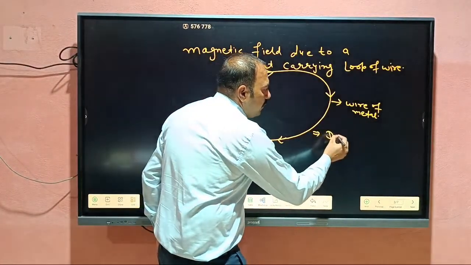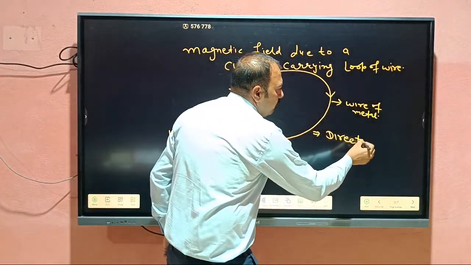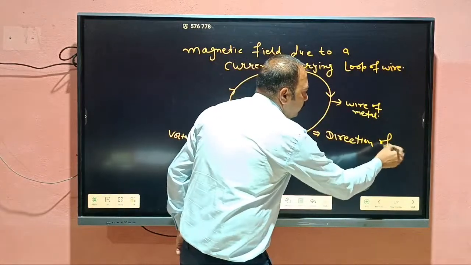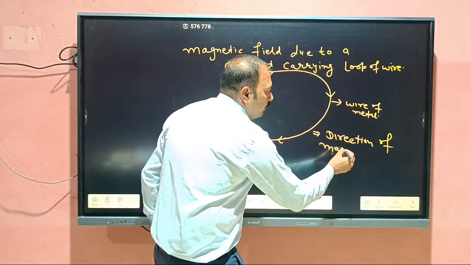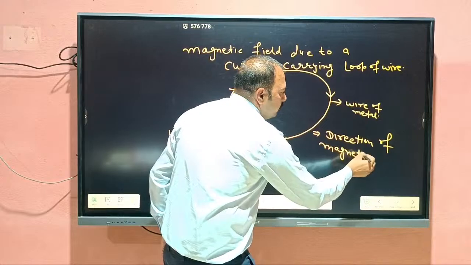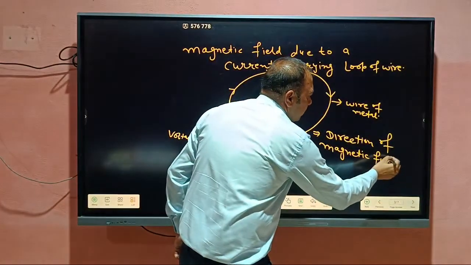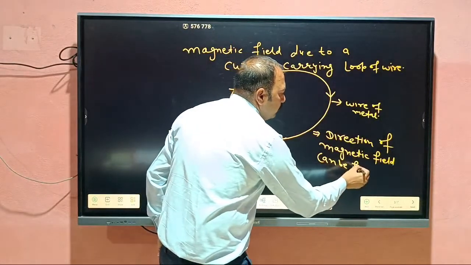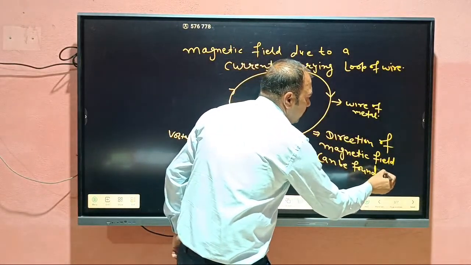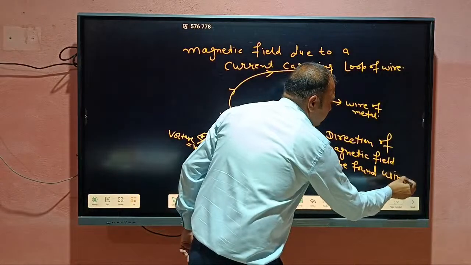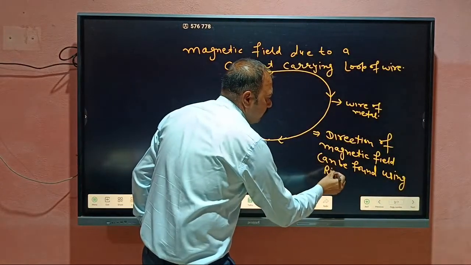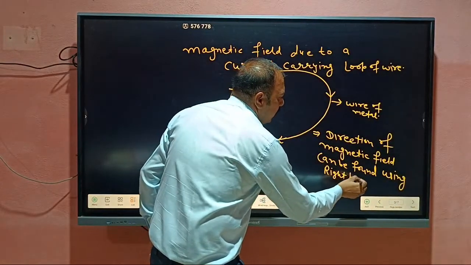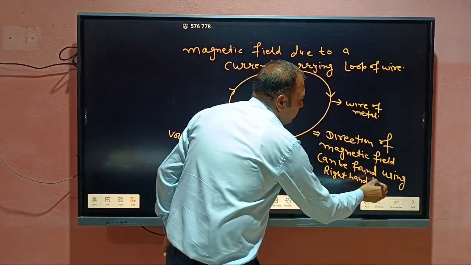So the direction of the magnetic field can be found using the right hand thumb rule.